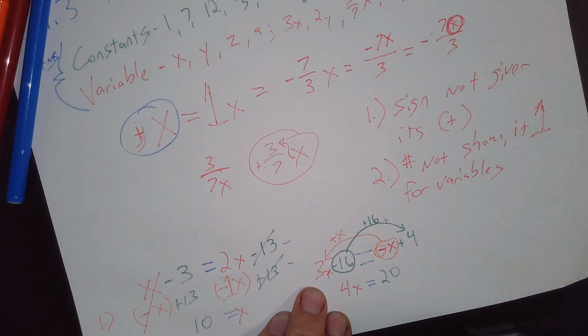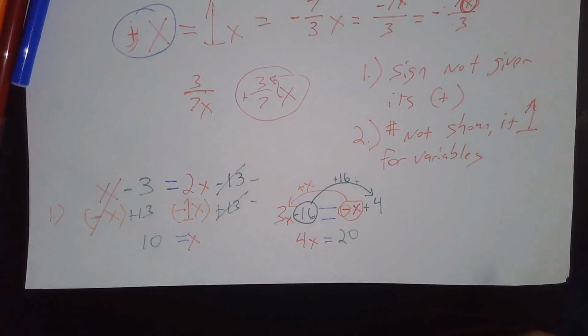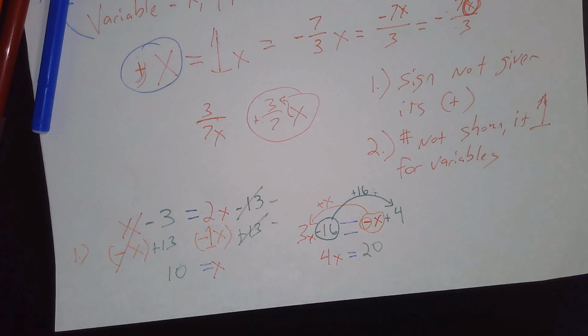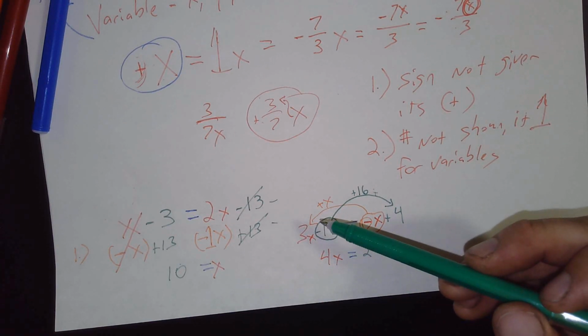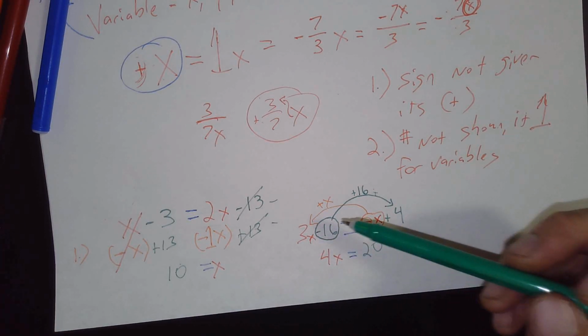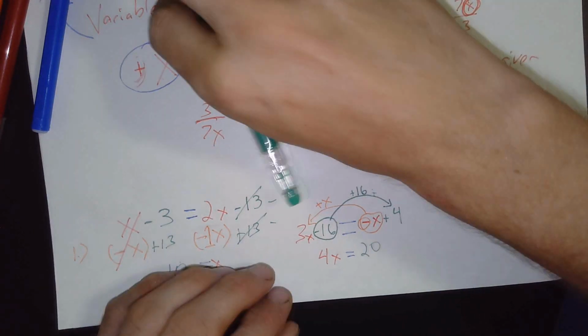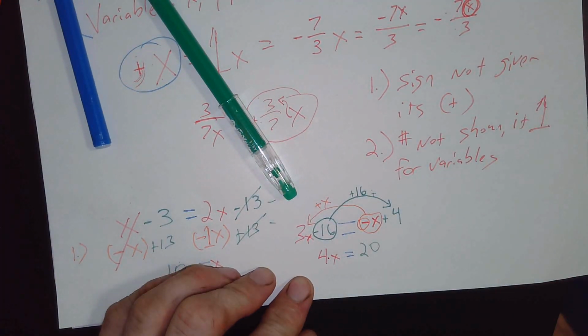Okay, so now this is a new thing. This is 4x is 20. All right, so what is x? Well, we've seen before that the opposite of addition is subtraction, and the opposite of subtraction is addition. And we're saying that 4 is welded to x with multiplication.